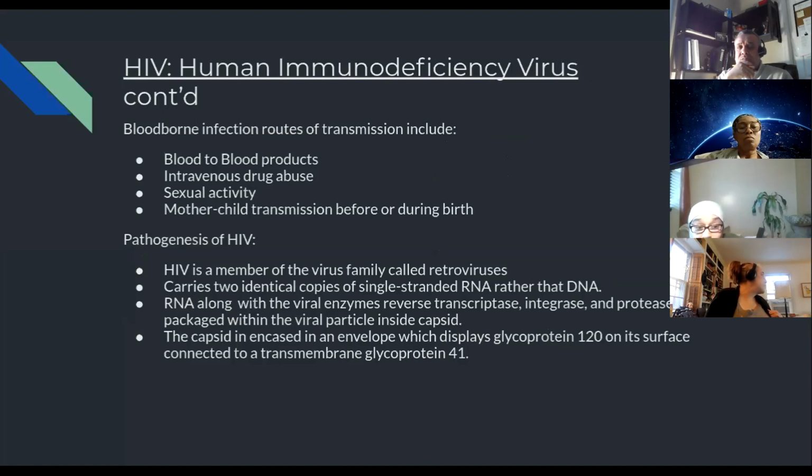The pathogenesis for HIV: HIV is a member of the virus family called retroviruses, and retroviruses are grouped based on how they're structured and how they replicate within the host, meaning the person infected. It carries two identical copies of single-stranded RNA rather than DNA.